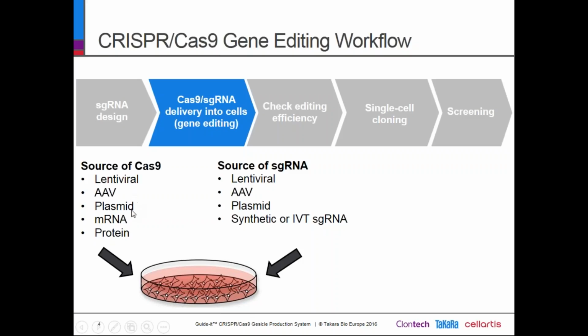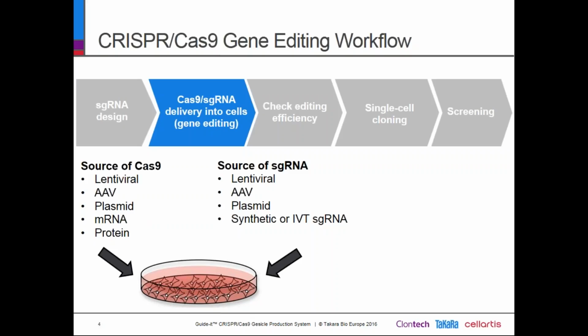Plasmid transfection can be used in easily transfectable cells, but also direct delivery of mRNA of Cas9 together with synthetic guide RNAs or in vitro transcribed guide RNAs.